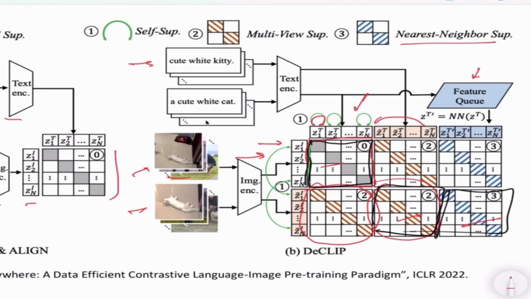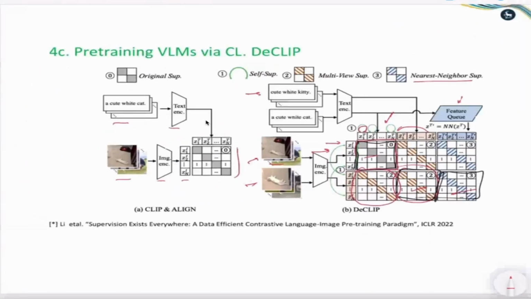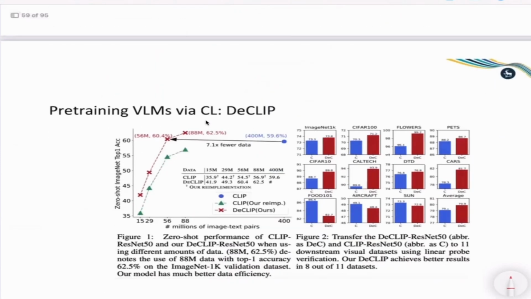So this DeCLIP, by using this self-supervised learning within modality and multi-modal InfoNCE, works very well. One of the good advantages is that instead of using 400 million images, they are able to get better results than CLIP using 60 million images.